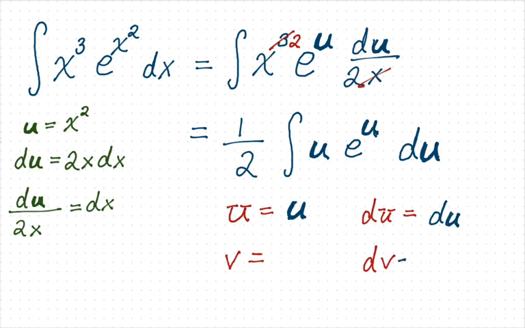And that means that my dv is going to be e to the u. So the antiderivative of e to the u du is just e to the u.